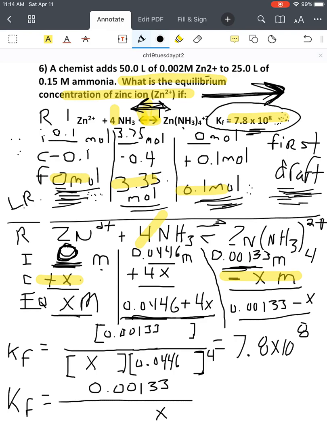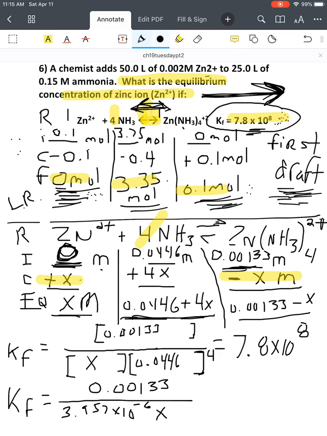So let me do that on my calculator real fast. So 0.0446 times 0.0446 times 0.0446 times 0.0446. So when I do that on my calculator, I got 3.957 times 10 to the minus 6.